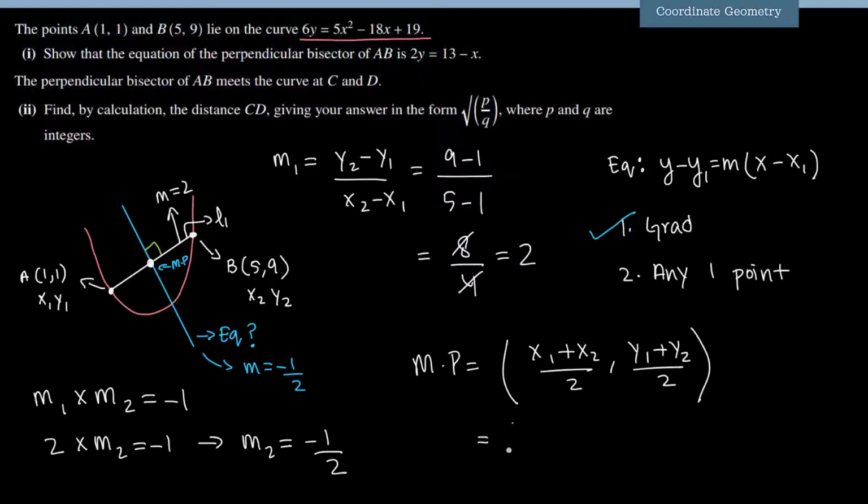This would be (1 plus 5) upon 2, (1 plus 9) upon 2. And this can be simplified into 3, 5. So the coordinates of the midpoint are 3, 5.